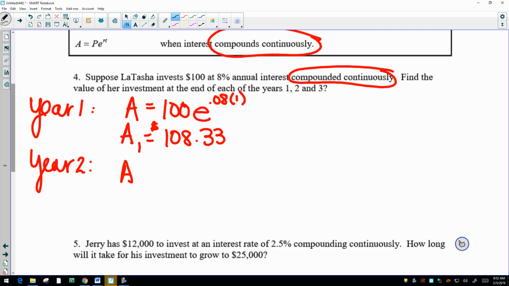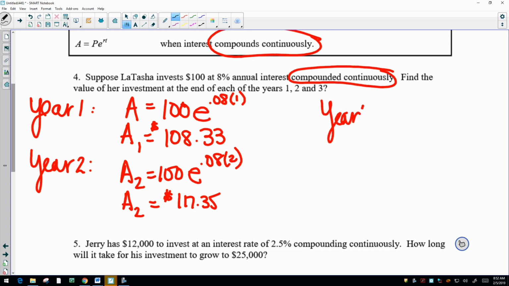So same formula. So I have 100 e raised to the 0.08, now this time times 2. Okay. So final answer here, again, it's money. We're going to have a total of $117.35. And then again, if I did year 3, only thing that's changing is our time.